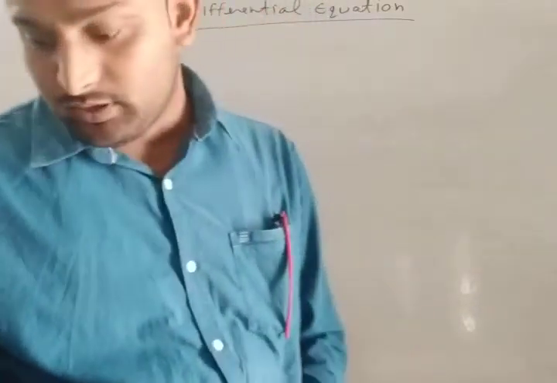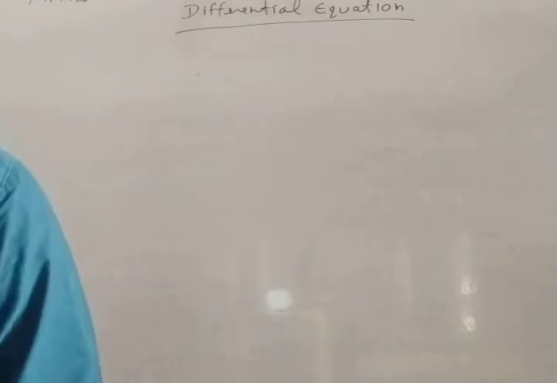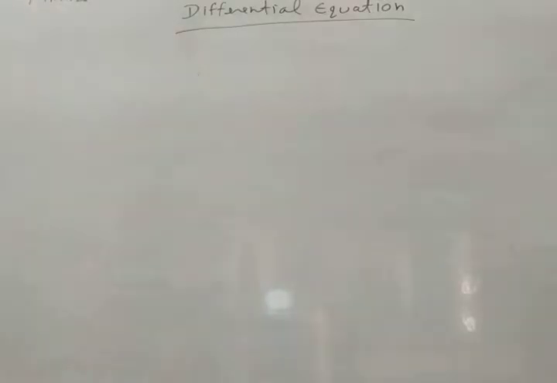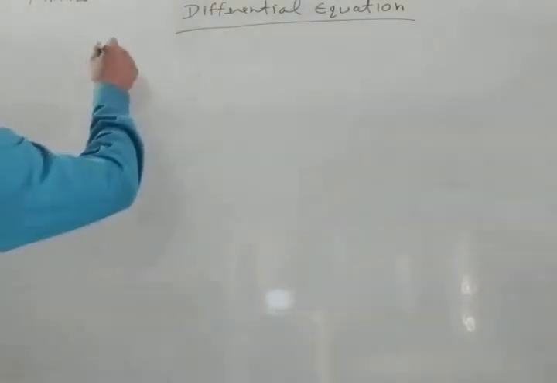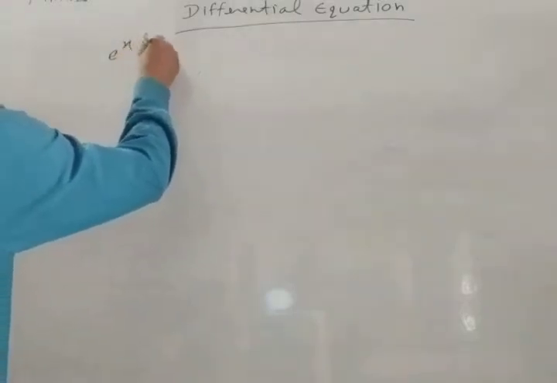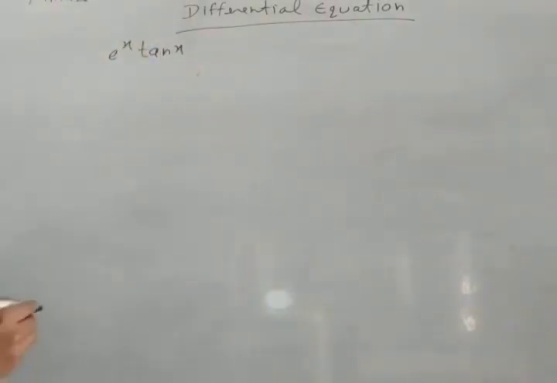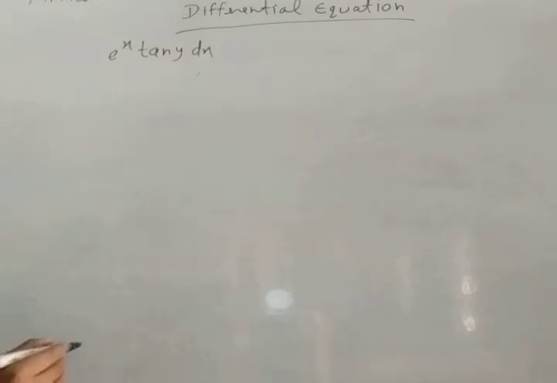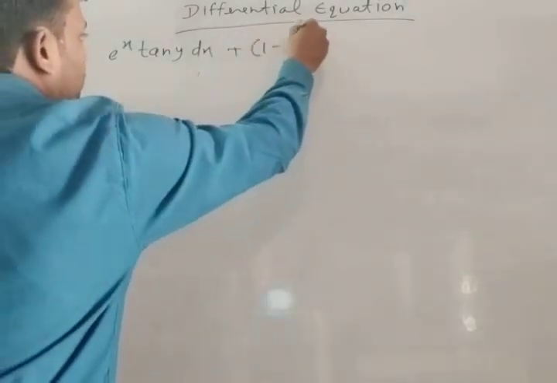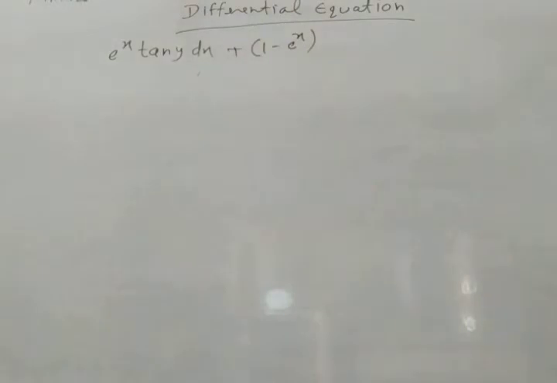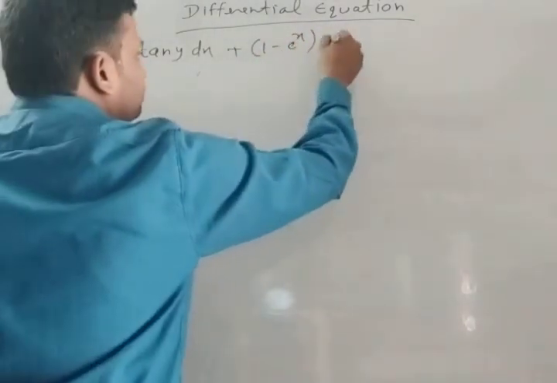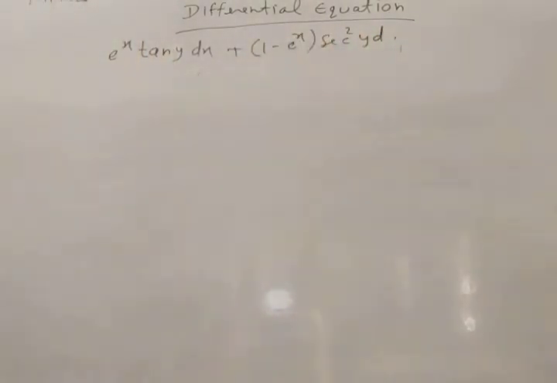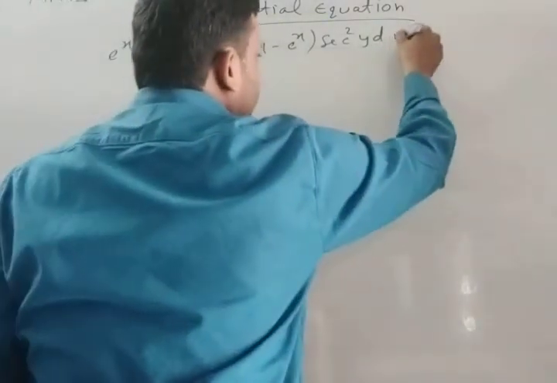Okay, let's see the first question. Find the general solution of the following differential equation: e to the power x tan y dx plus (1 minus e to the power x) sec square y dy is equal to 0.